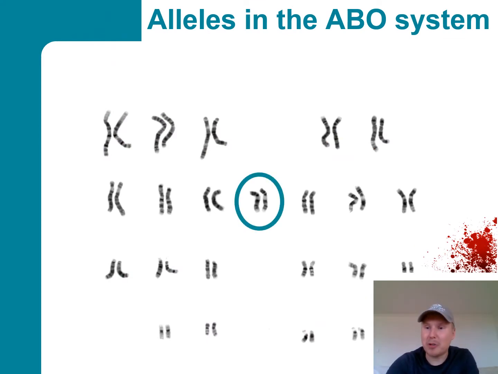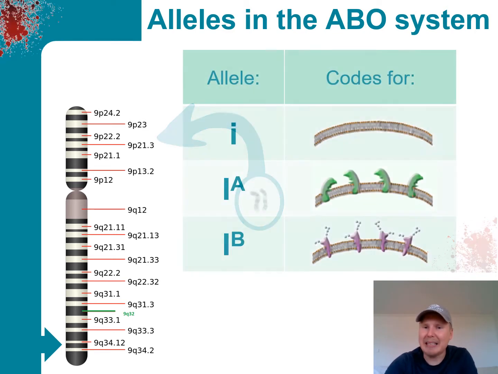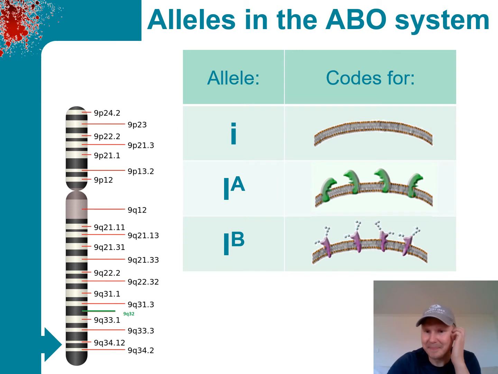Alleles in the ABO system are located in the long arm of chromosome 9. Remember, this is not Mendelian inheritance, so instead of 2, we worry about all 3 alleles. We are going to use lowercase i for base, so that's our plain donut.